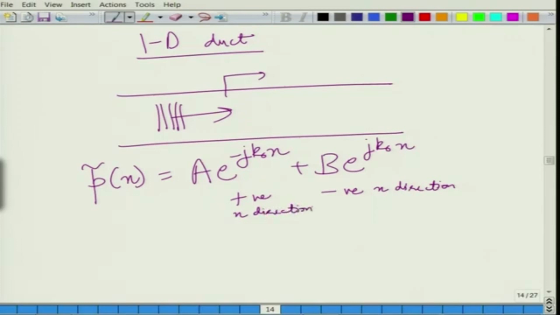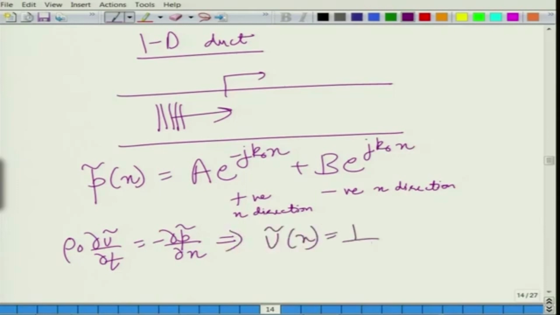All right. So, we have seen that using Euler equations, this will basically lead us, and once we assume time harmonicity, eventually you will end up with A e^(-jk0x) minus B e^(jk0x).